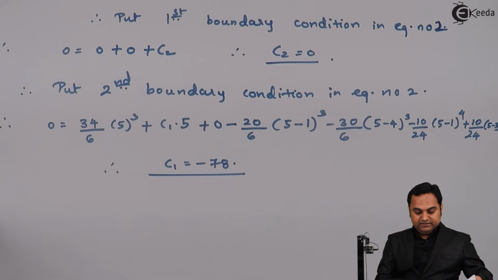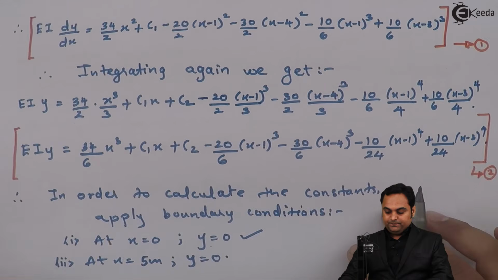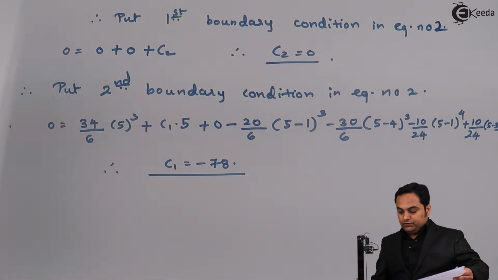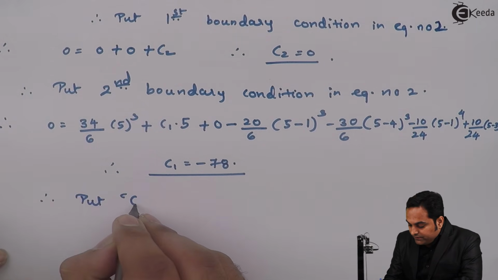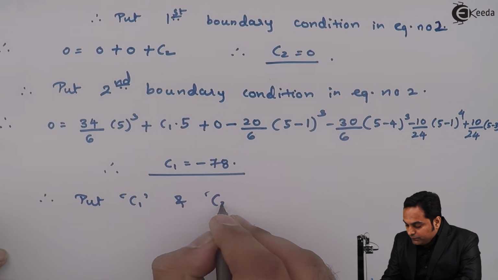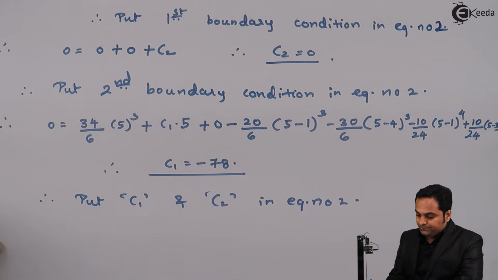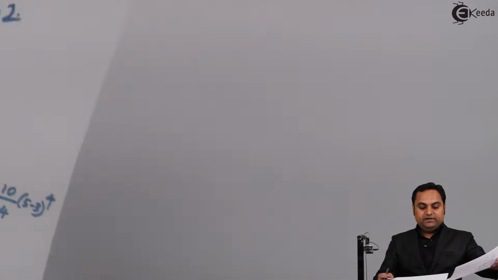So here I'll say that deflection we are getting in equation number second. So here we need to put C1, C2 values. Therefore put C1 and C2 in equation number second.